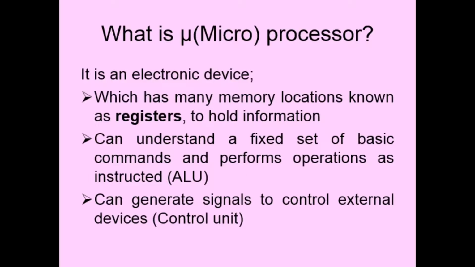Because the microprocessor has the capability to control that particular machine. For example, I want to control the speed of that machine. I increase the speed in my laptop, or I activate a switch in my laptop. That laptop, which is connected to the microprocessor, which is in turn connected to the machine, will control the speed of that particular machine. So these are the main things a microprocessor does.